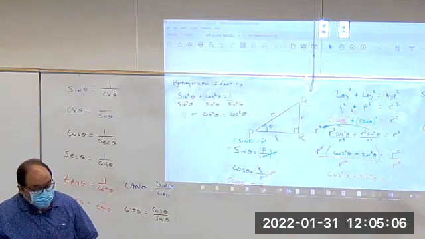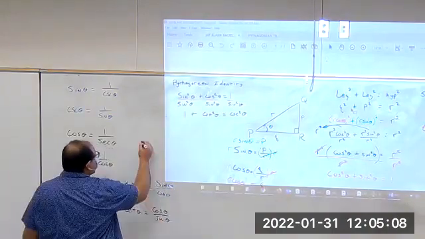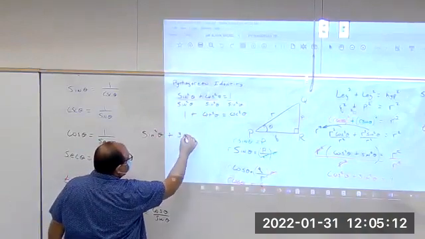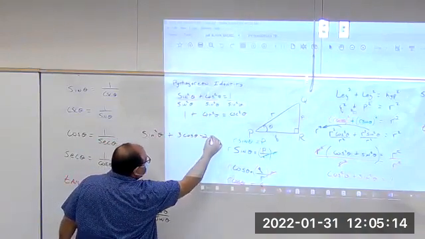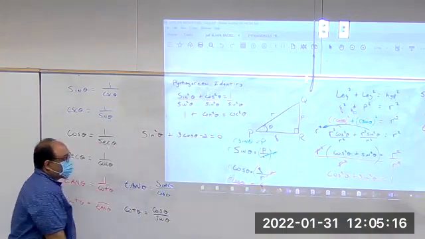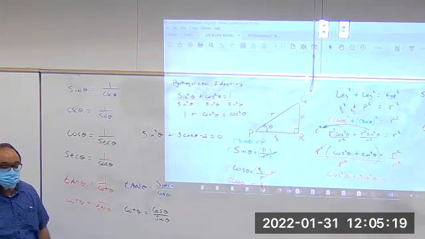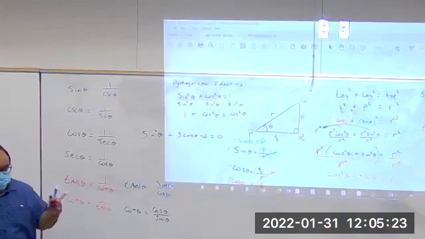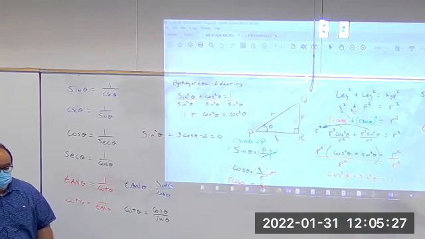Okay. You're going to solve equations that look like this. You cannot solve that problem because you have conflicting trig functions, sine squared and cosine. You're just not going to be able to work it out.